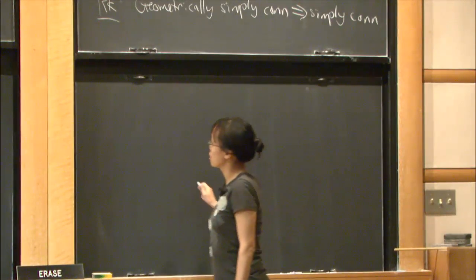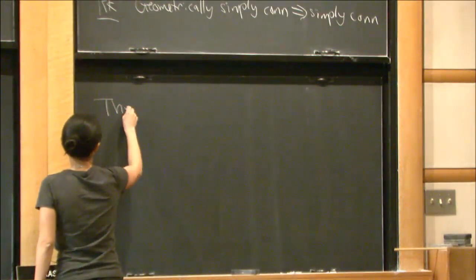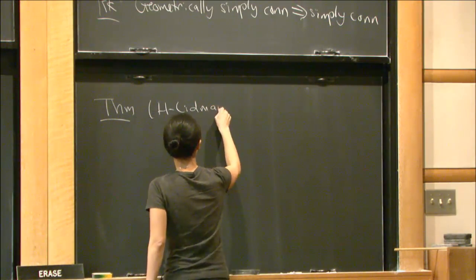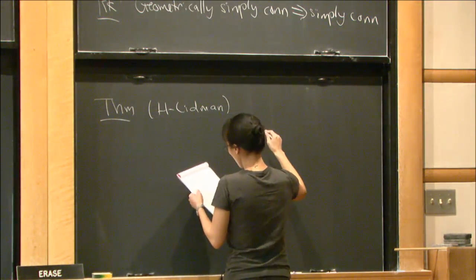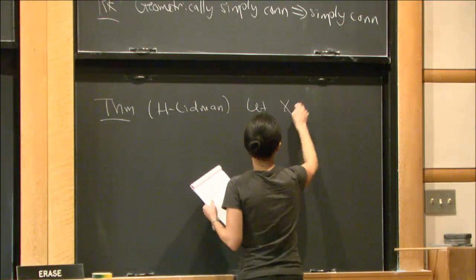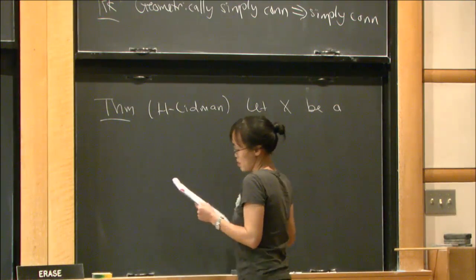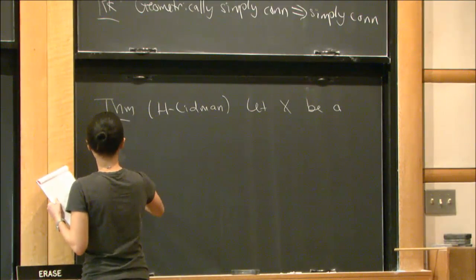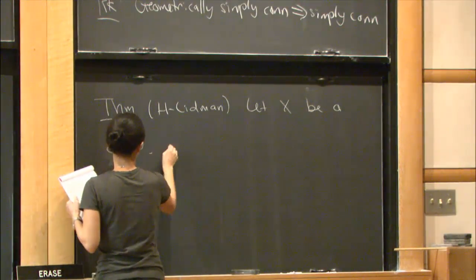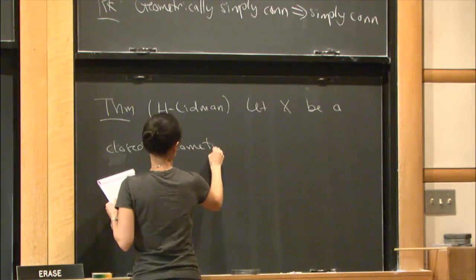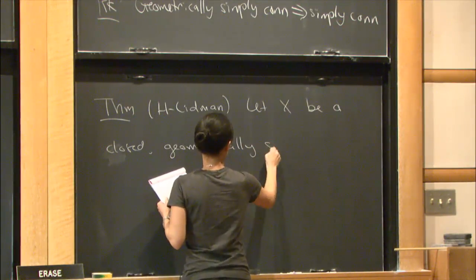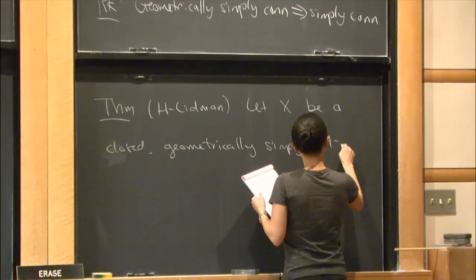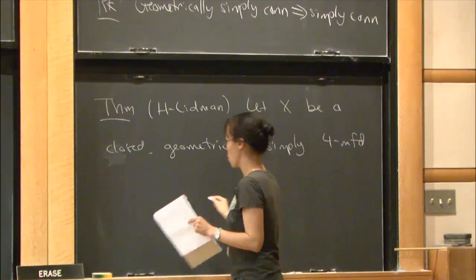Okay. And so the main result that I want to tell you about today is the following. Let X be a closed, geometrically simply connected four-manifold with b2 plus at least 2.